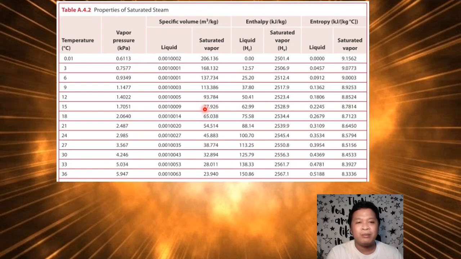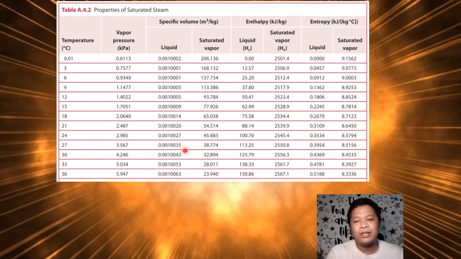So, for example, if I were to heat 1 kilogram of liquid, no, from 0.01 degrees Celsius, galing siya sa ref, to 30 degrees Celsius, then the change in enthalpy would be the difference of this one and this one, which is 125.79 kilojoules of energy for 1 kilogram of water.